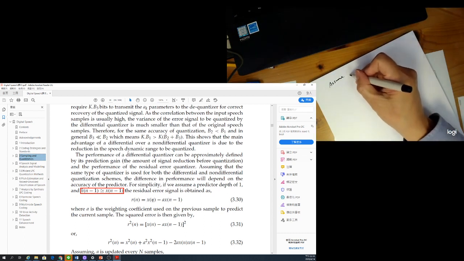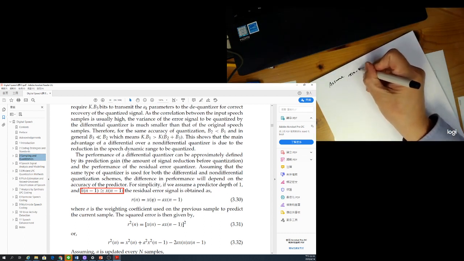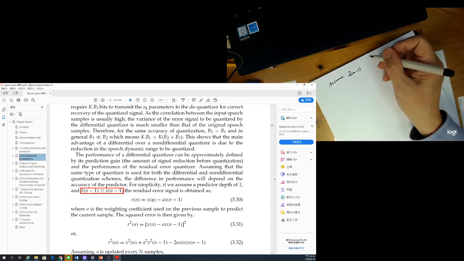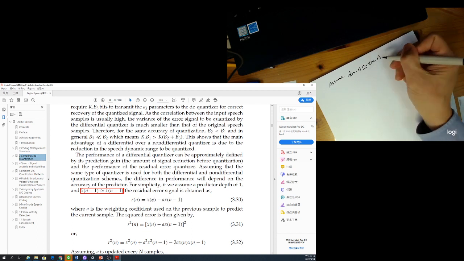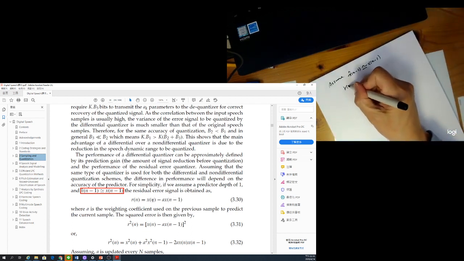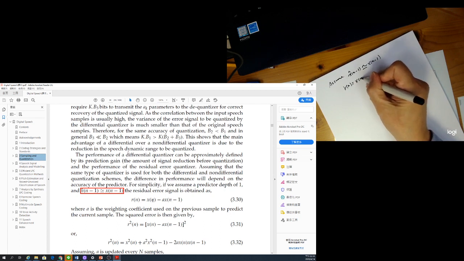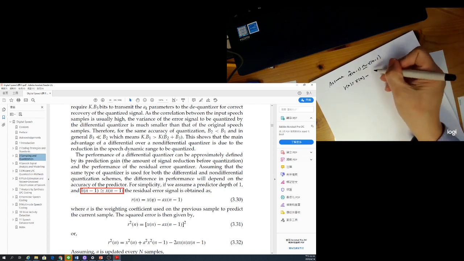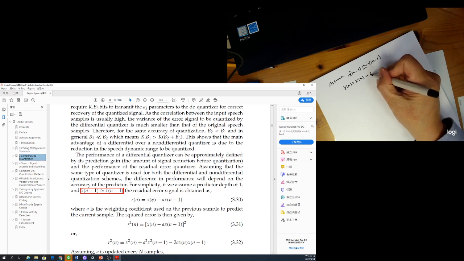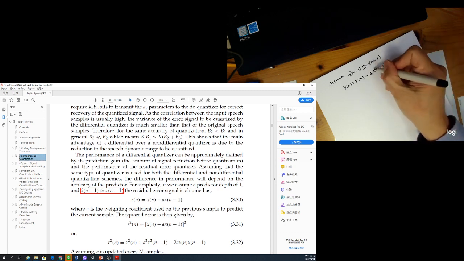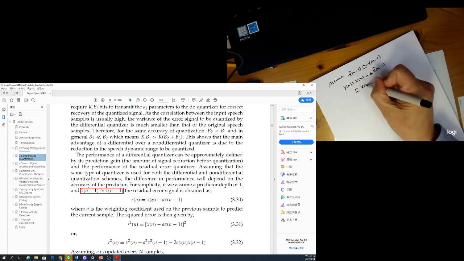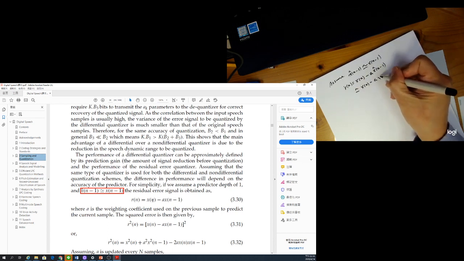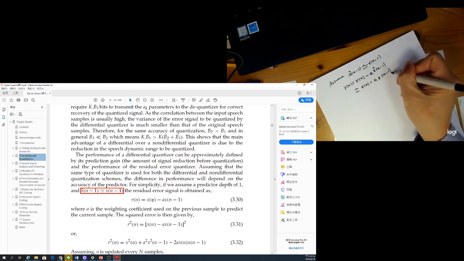So we assume S hat of n minus 1, the reconstructed signal, is close to the original signal. So our R of n is the current signal minus your prediction coefficient times your previous signal, supposed to be the decoded signal. So we approximate like this, to make it simple.